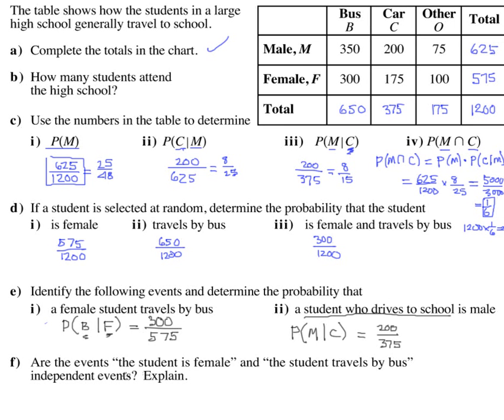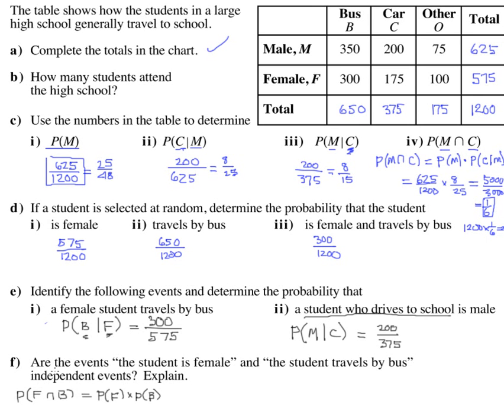And are the events the student is female and the student travels by bus independent events? Explain. If they are independent events, here's our test. The probability of female and bus will equal the probability of femaleness times the probability of bus passengerhood. Okay? This equation only works if the events are independent.